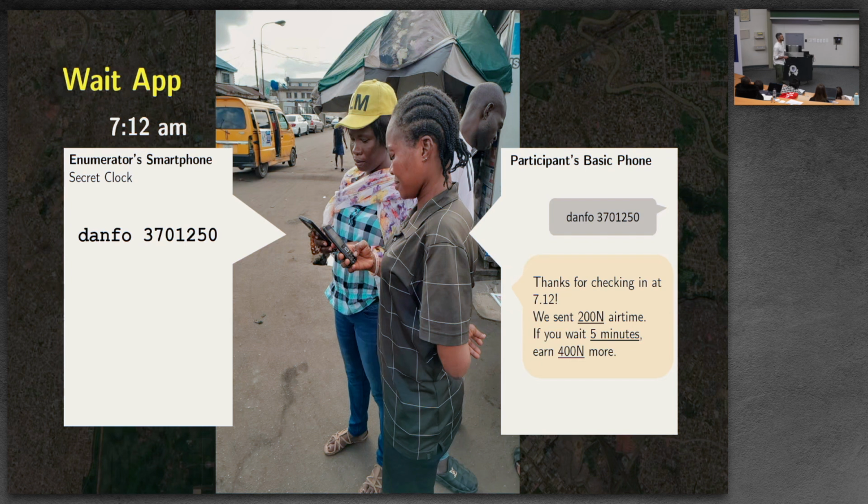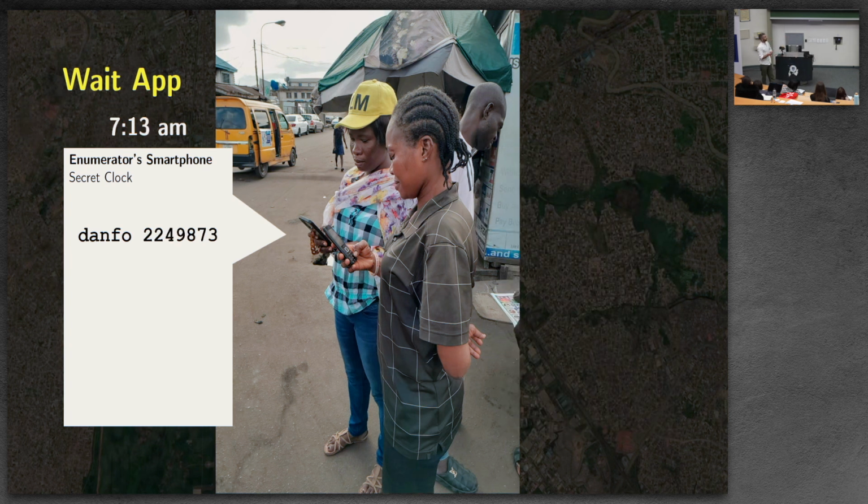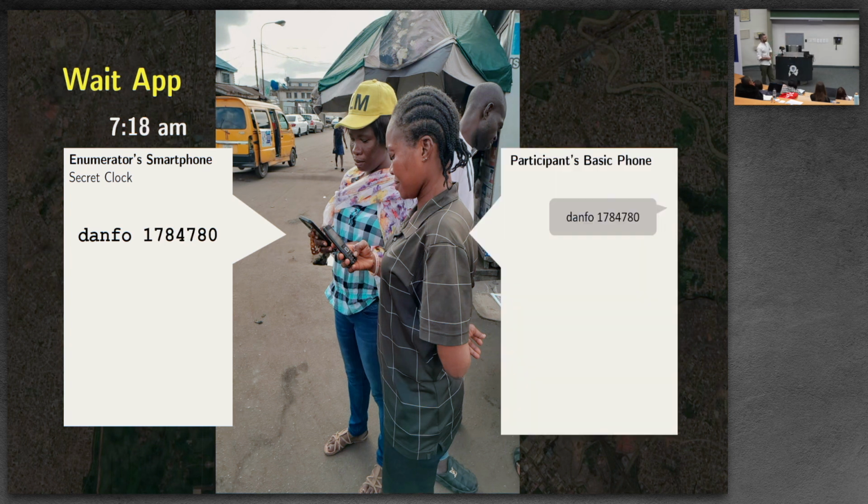So we know she sent us this text, and we can send her back a message saying, thanks for checking in at 7:12 a.m. We send her a fixed payment to compensate her for participating, and then we send her an offer. So we say, we've sent you 200 naira, but if you wait 5 minutes more, I'm going to send you 400 additional naira. Okay? Then we continue to go on, the codes change.